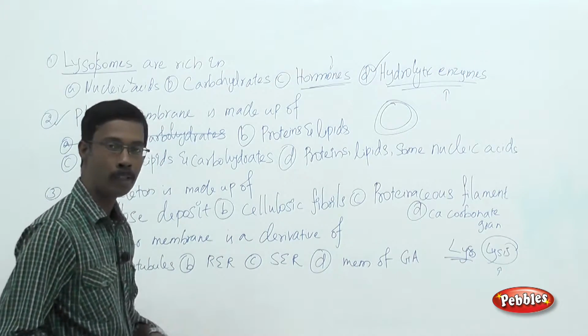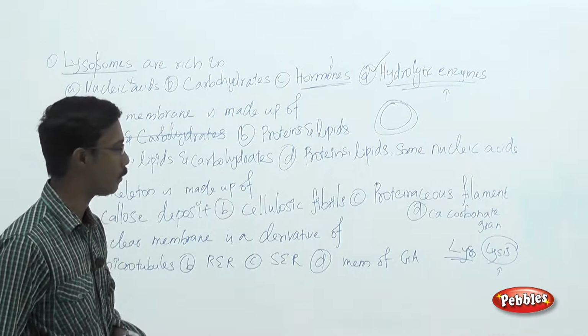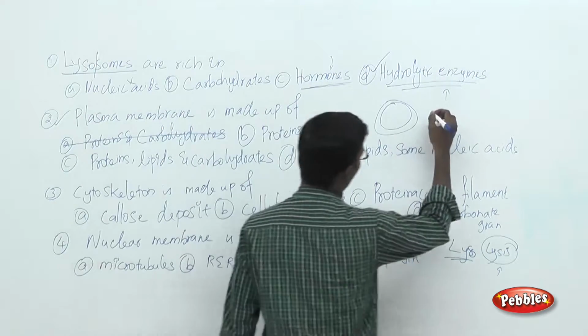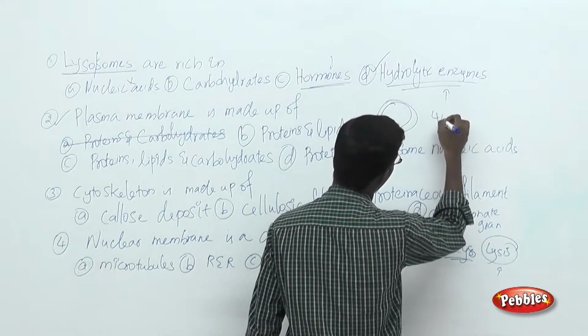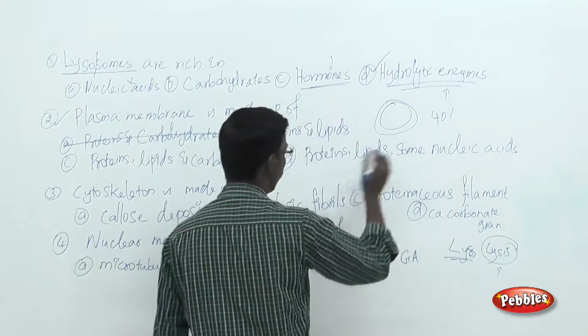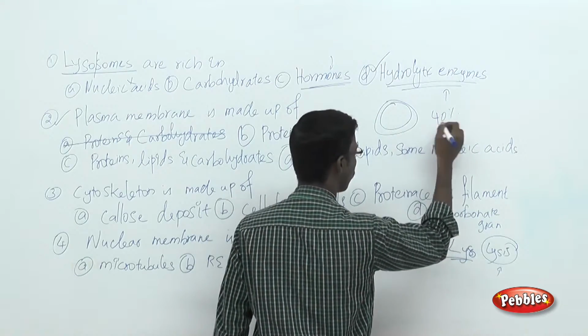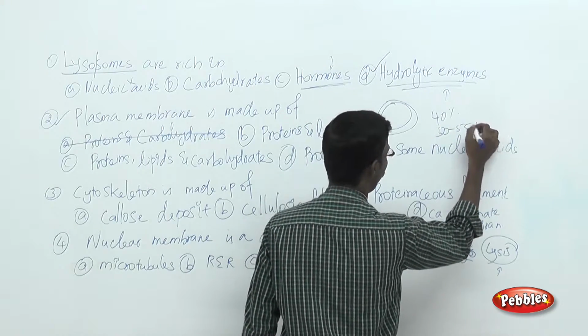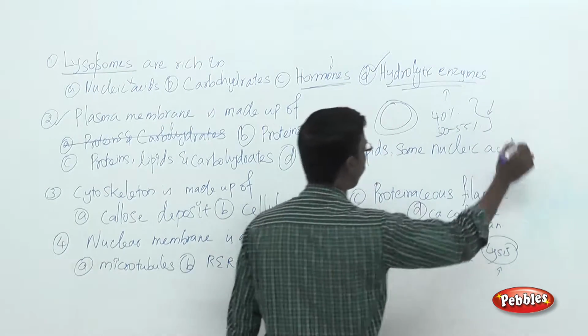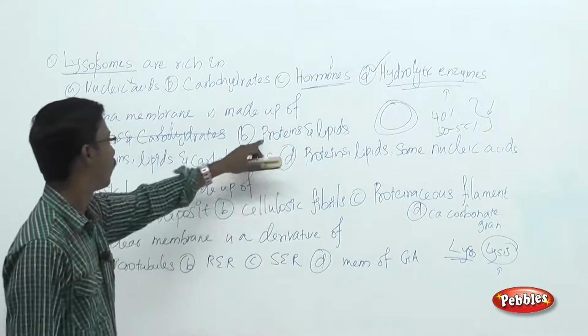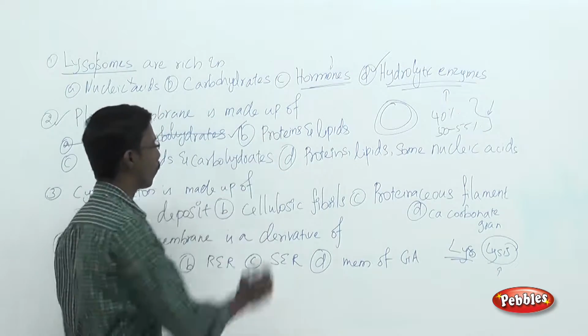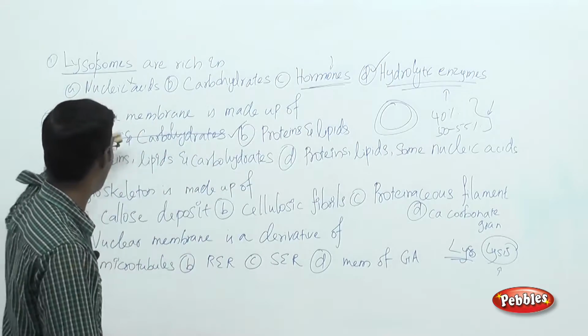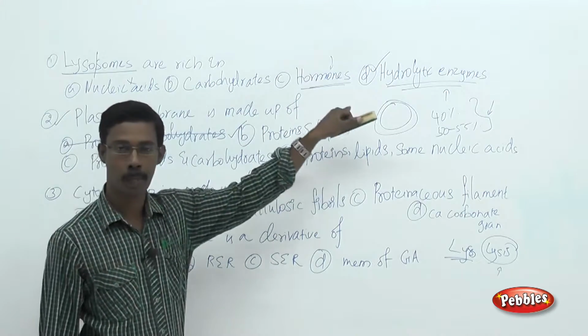We know the major components of the plasma membrane are lipids, at about 40%, and proteins, at 50 to 55%. So you may come to the conclusion that B is correct: proteins and lipids.